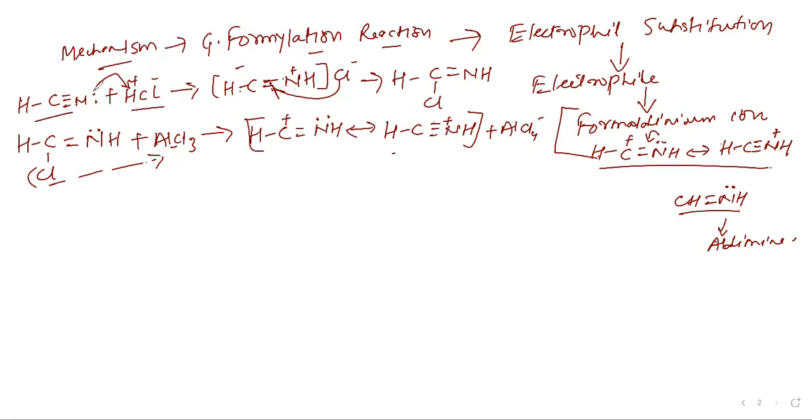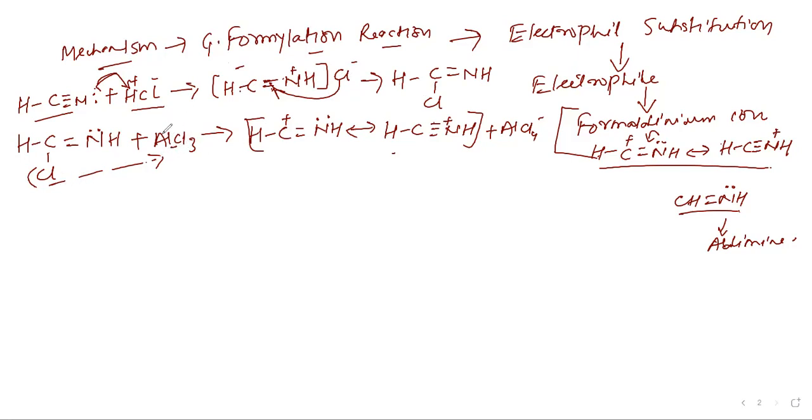This is your lone pair of electrons; it can form a bond with the hydrogen of HCl. Now this Cl will join this carbon atom. Now this complex will react with aluminium chloride, where aluminium chloride can accept this Cl.